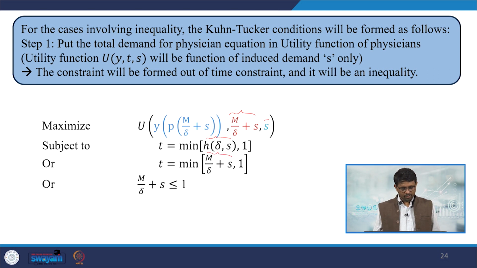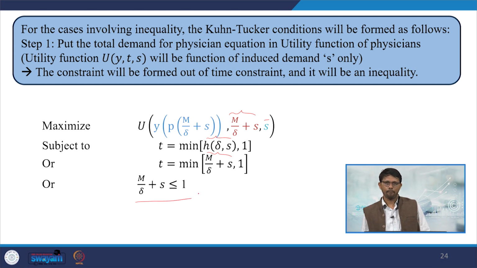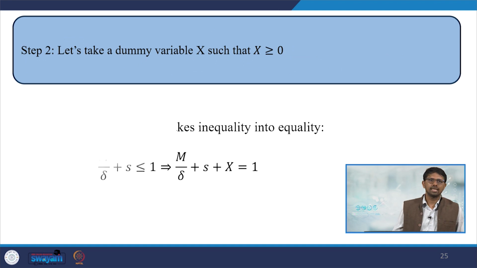And in short we have already checked that the maximum time that is to be allocated is 1. So, m upon delta plus s should be less than or equal to 1. This is the basic equation.